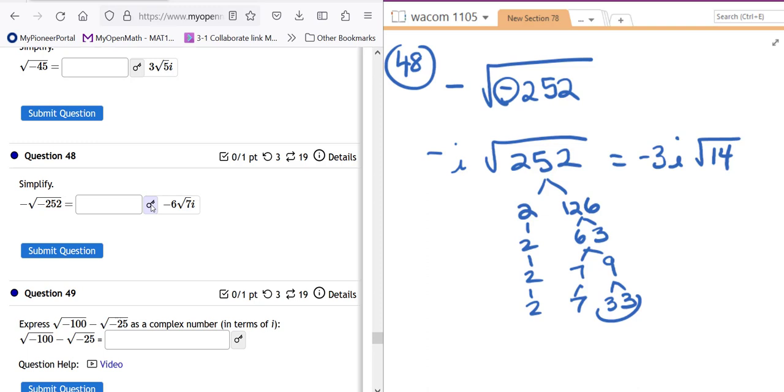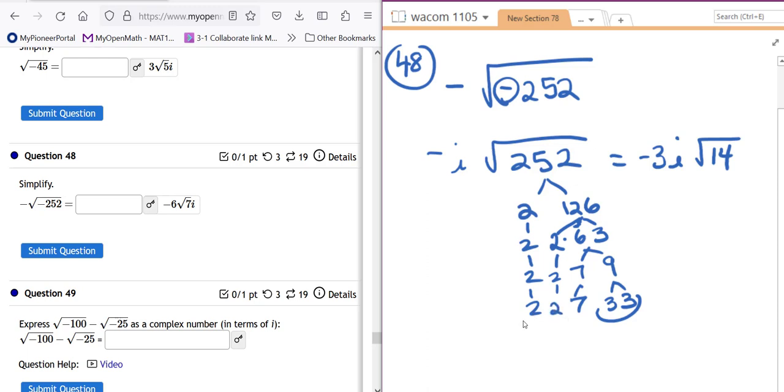Okay, Miss H did it wrong. 63, I should have had a 2 here. 2 times 63. I broke the 63 down, but I lost the 2.